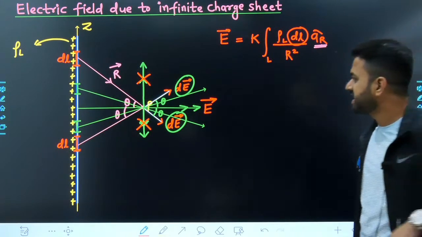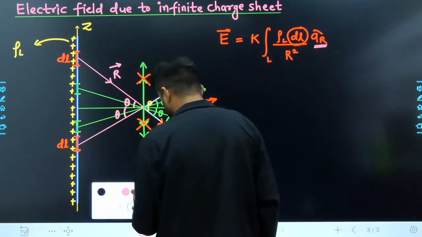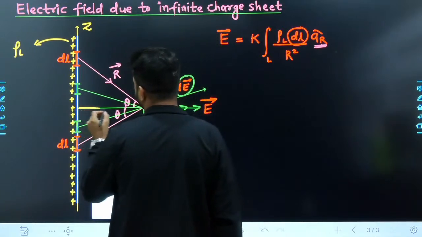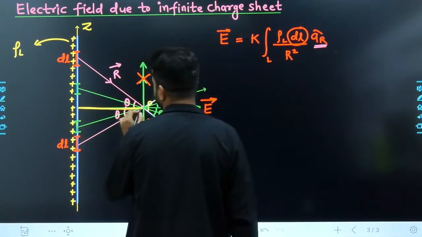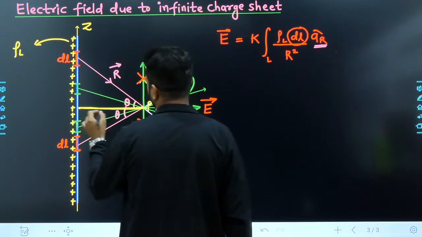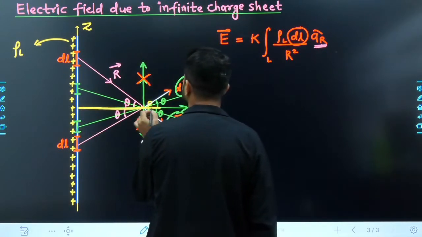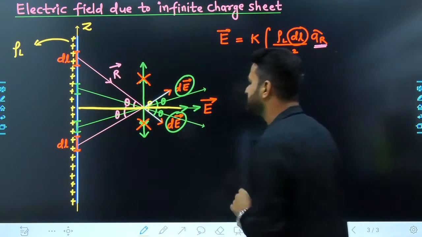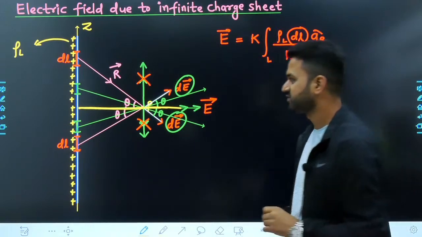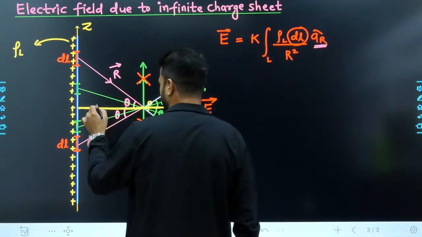So what we are getting is the electric field due to the line charge will always lie in this direction. And what is this direction? This direction is nothing but the perpendicular distance from the line charge to the point of interest.